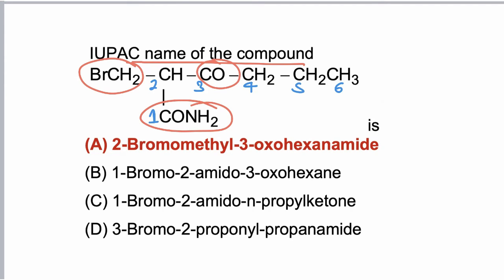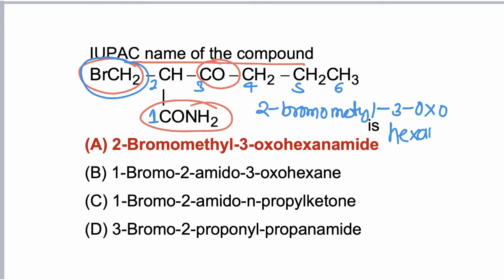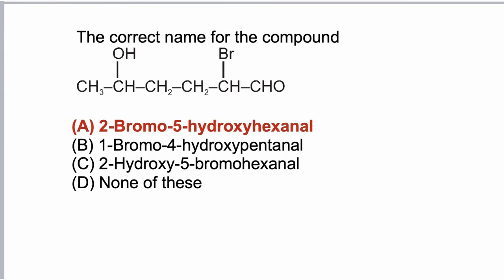Now at the second carbon, bromomethyl is present. So the name of the molecule is 2-bromomethyl. At the third position, keto or oxo is present. So 3-oxo. Total 6 carbon atoms are present in the main chain. So hexanamide, and hence the correct answer is A.